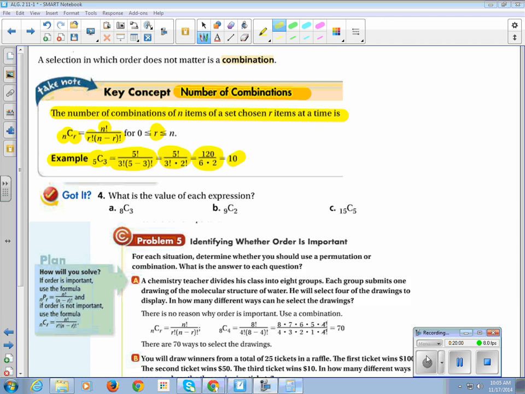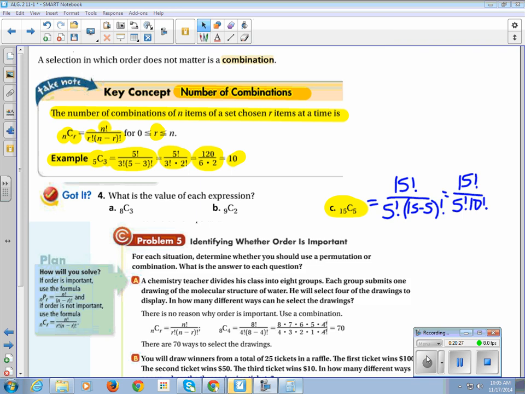So let's do a basic problem together. We have 15 choose 5. So we're going to go 15 factorial divided by 5 factorial times 15 minus 5 factorial. Simplify down, is 15 factorial divided by 5 factorial times 10 factorial.